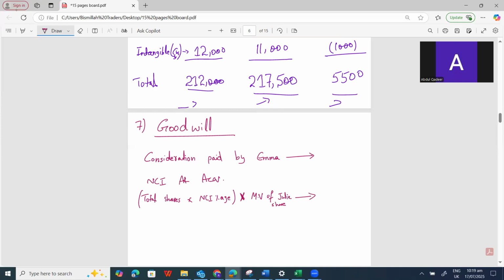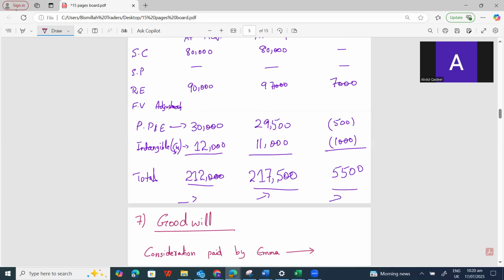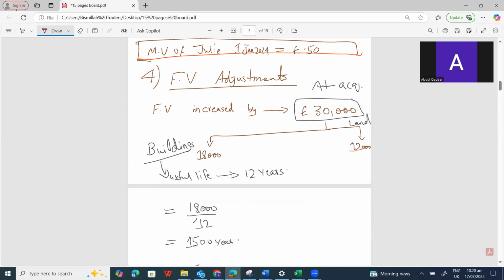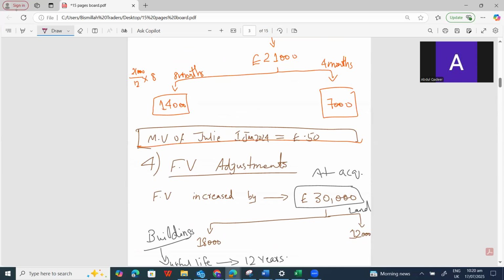Okay, total number of shares, we remember, 400,000, multiplied by the non-controlling interest percentage. 75% is the holding percentage by Emma, so NCI is 25%. Then multiply by the market value of a Julie Limited share, which we noted above as 0.50.